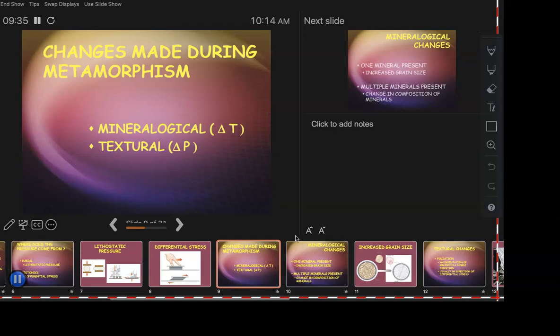But yeah, so T, textural, change in text. I see where you're going with that. No, T stands for temperature and P for pressure. It goes back to chemistry and or physics. Little t, lowercase t is time, capital T is temperature, and capital P is pressure.